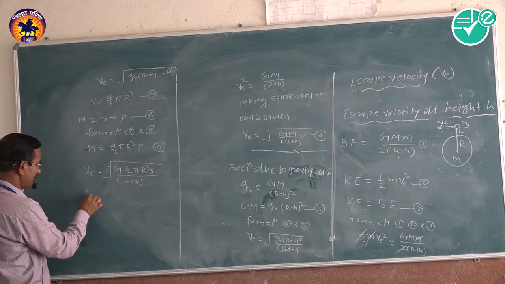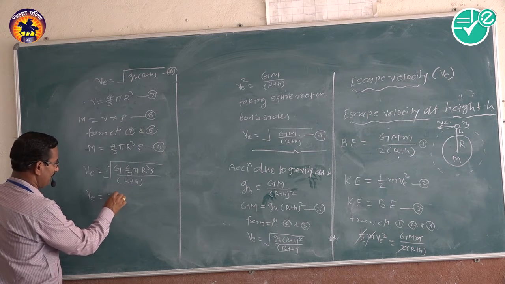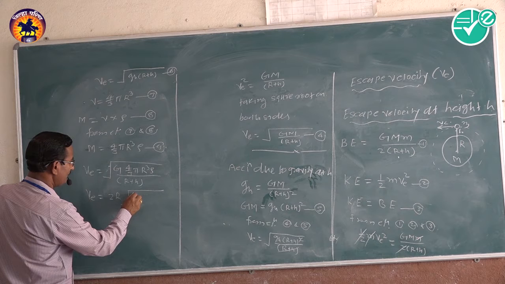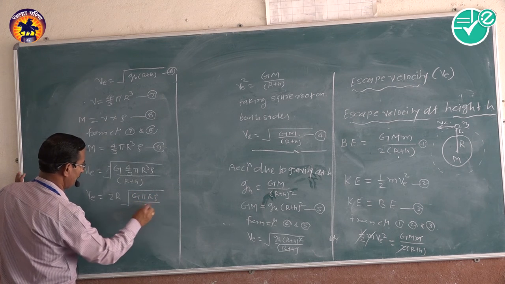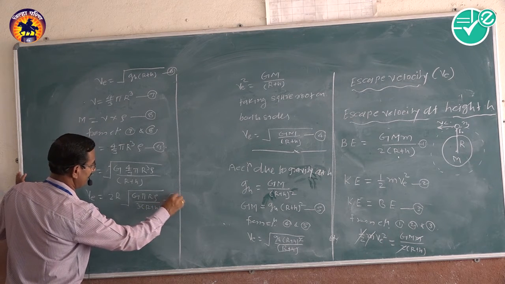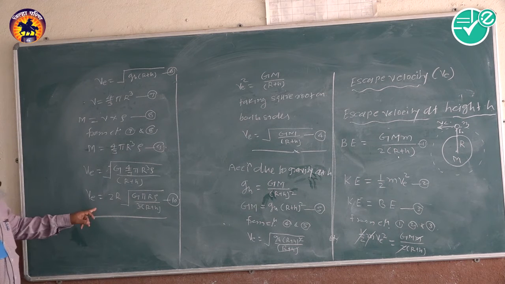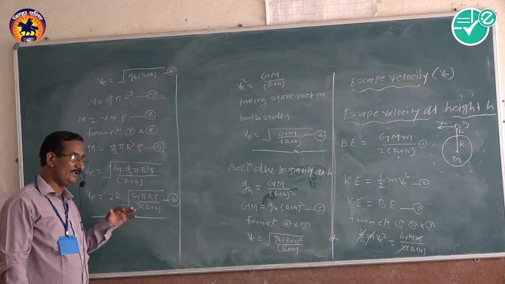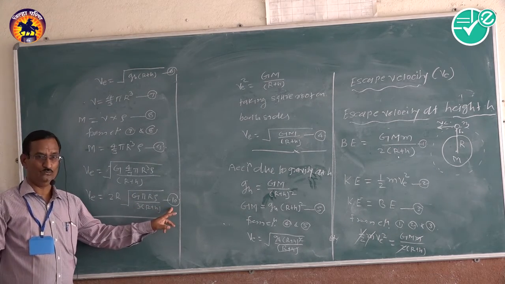Then these equations also simplify, that is under root of 8 G pi R squared rho upon 3 (R plus h), and that is equation 10. And this equation is the equation for the escape velocity of the satellite at the height h in terms of the density rho.